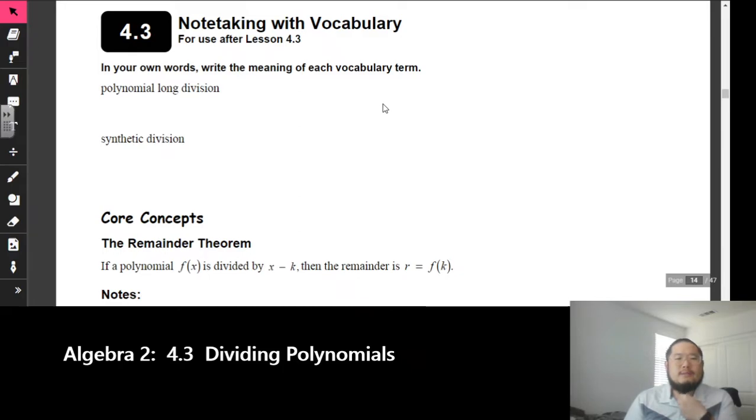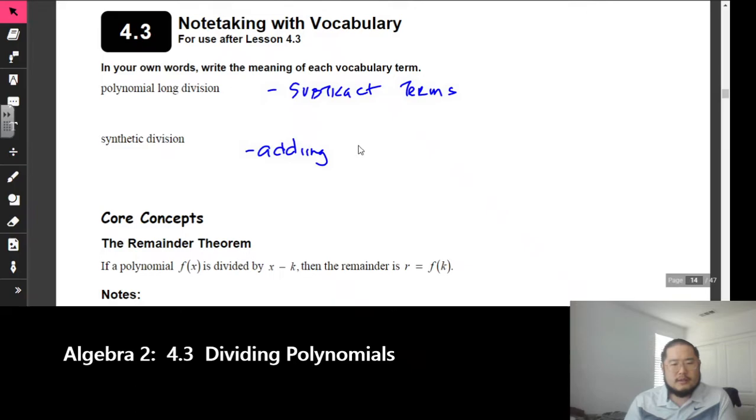The main differences between polynomial long division and synthetic division: I'd say one thing to remember in polynomial long division is that you're going to subtract terms. In synthetic division, you are going to be adding terms.